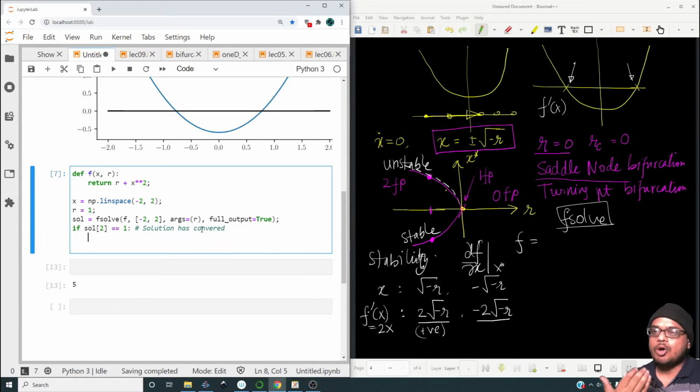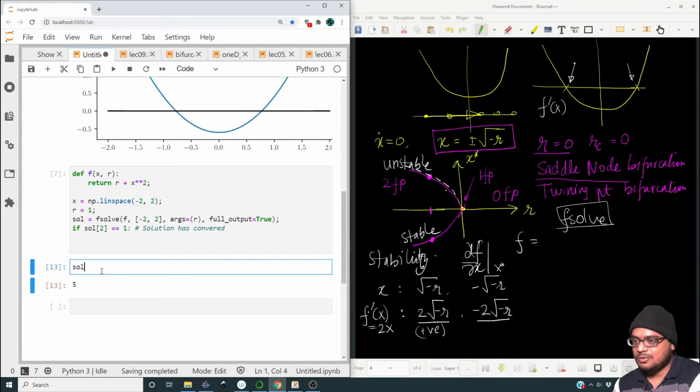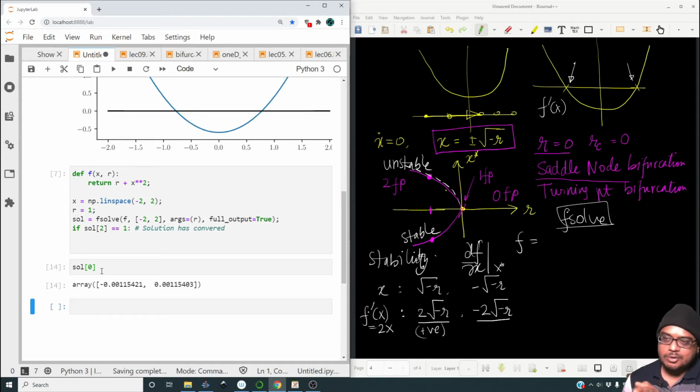Now I don't know how many roots this has. In this particular question I know that I have 2 roots, but in general, I will not know how many roots I have. So I must loop over sol 0, because the number of elements of sol 0 will be the number of roots that fsolve has found.